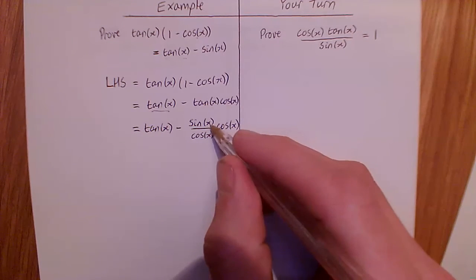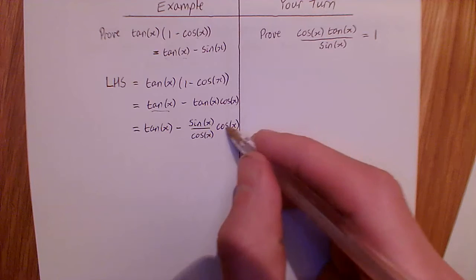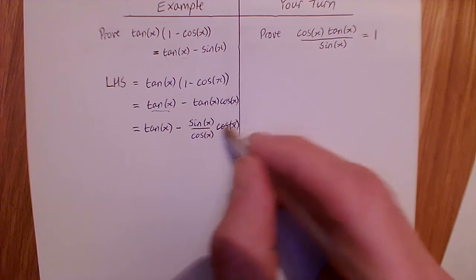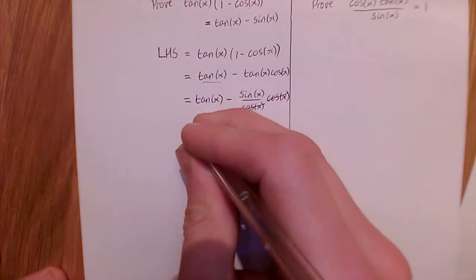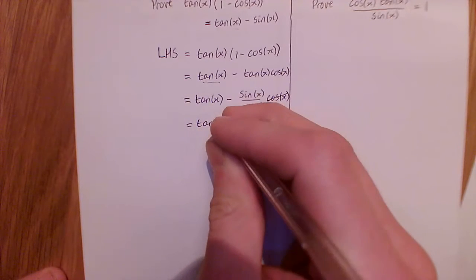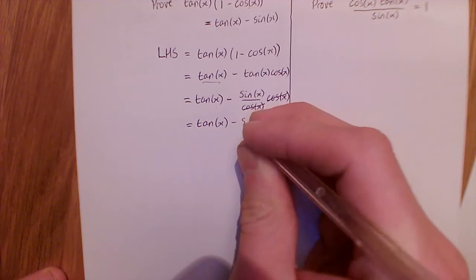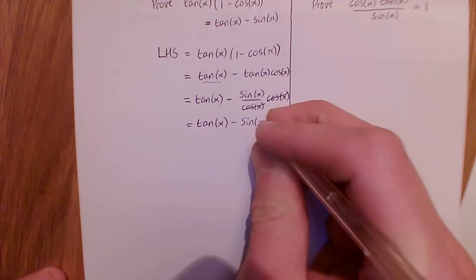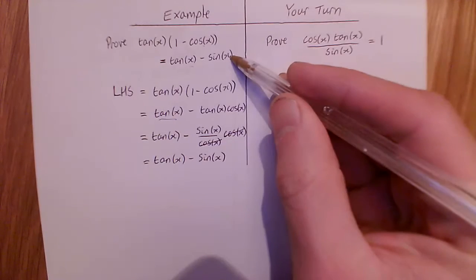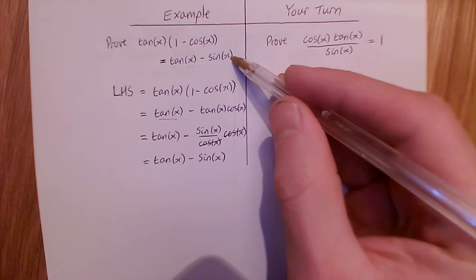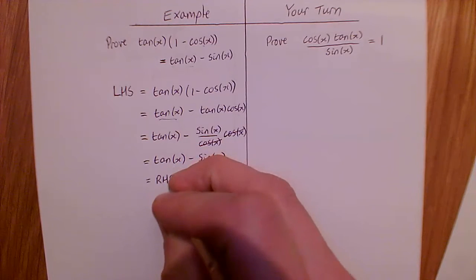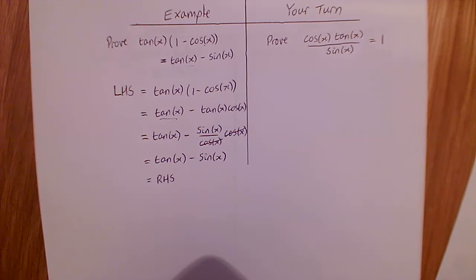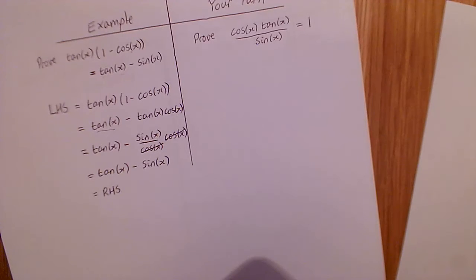It's the same with cos x: it's sine x over cos x times the cos x. The cos x and the cos x cancel out with each other. What does that leave us with? It leaves us with tan x minus sine x. That's good because it's exactly what our right-hand side is. I'll always write that when I finish: so that is equal to the right-hand side of our expression, and so we are done.